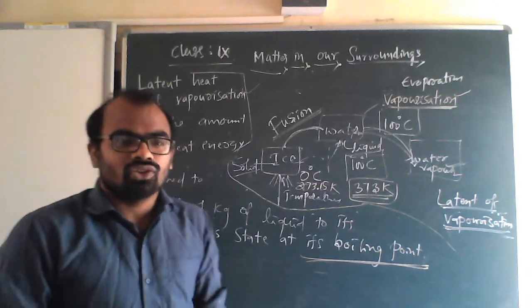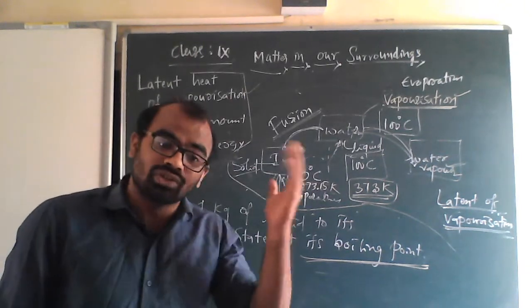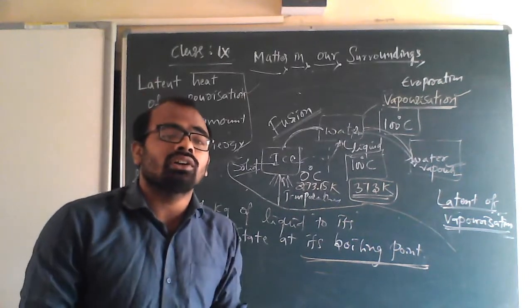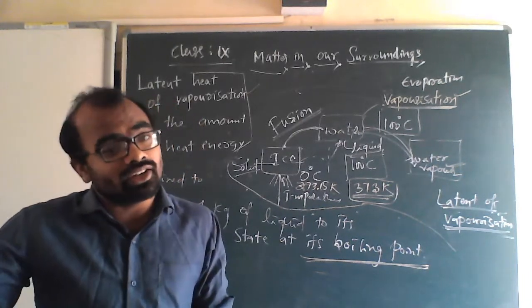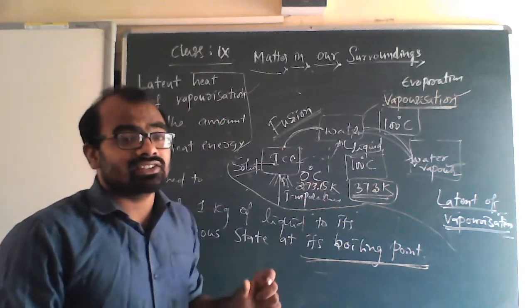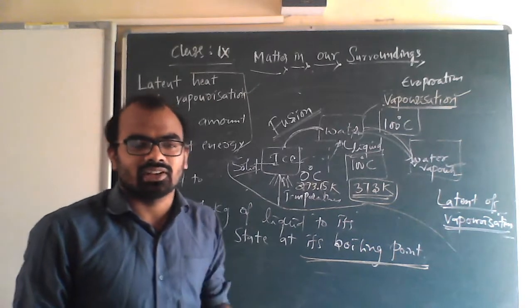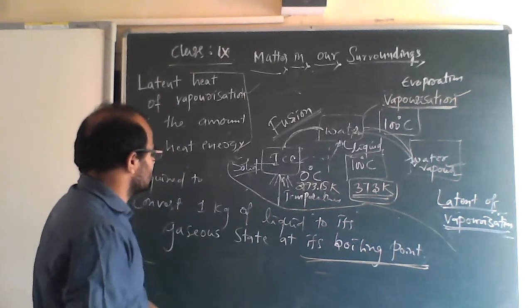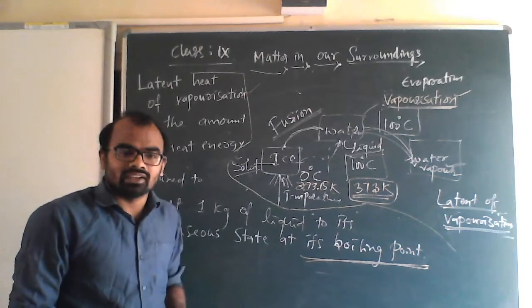So what is latent heat of fusion? The amount of heat energy required to convert 1 kg of solid to liquid state at its melting point is called latent heat of fusion.